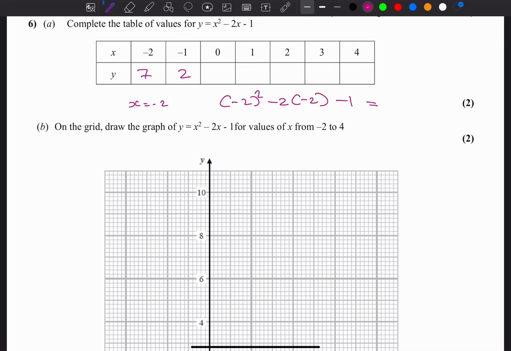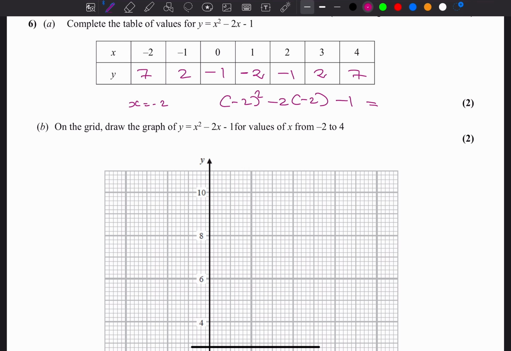If you substitute 0, it's minus 1. If you put 1, it's minus 2. If you put 2, minus 1. Good, 3, it's 2, and you could see the pattern on there, can you? And you would have guessed, if you did it correctly, the answer would be 7. Yes, it is.